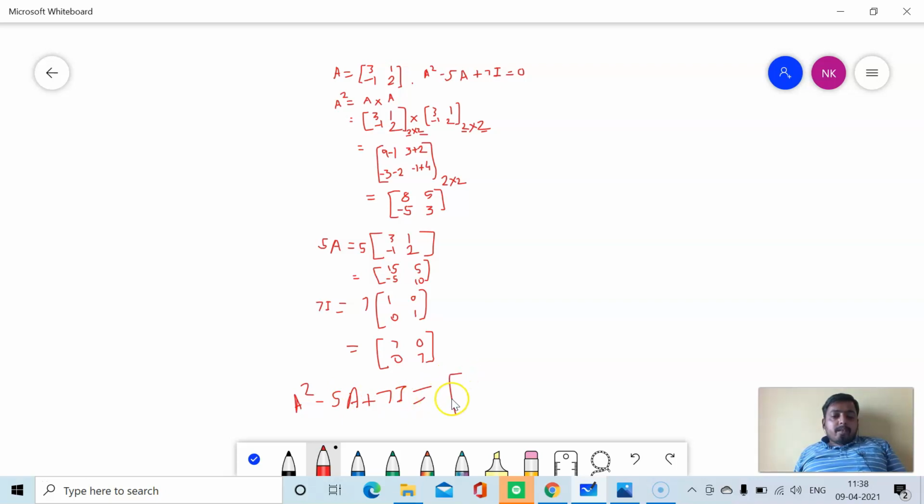A square is 8, 5, minus 5, 3. Minus 5A, so you have to subtract the matrix 15, 5, minus 5 and 10. Plus 7I, that is 7, 0, 0, 7.